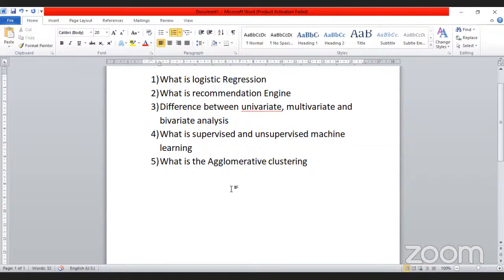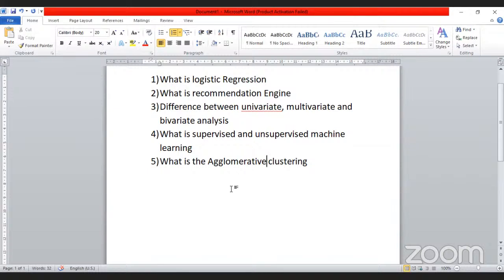It firstly considers each data point as one cluster, and then it will join the data points on the basis of similarity until one cluster is formed, right?